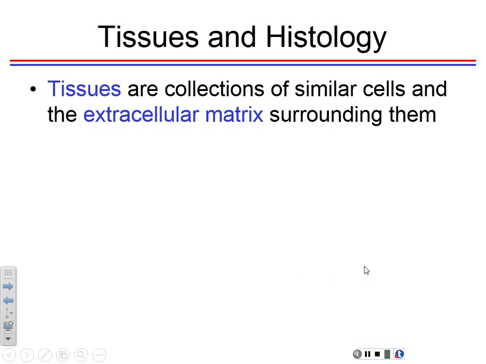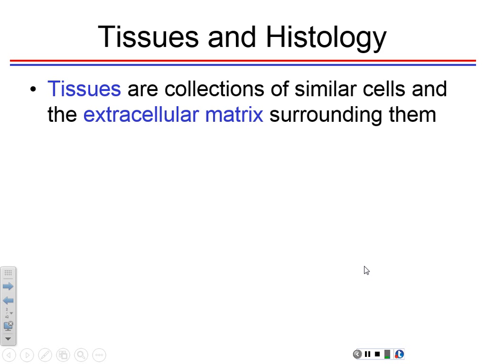And the major difference between epithelial tissue and connective tissue is that connective tissue has more extracellular matrix or extracellular material than it has cells, whereas epithelial tissue has a lot more cells than it's got extracellular matrix.